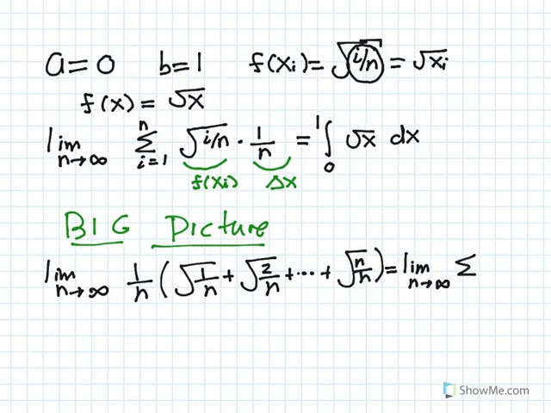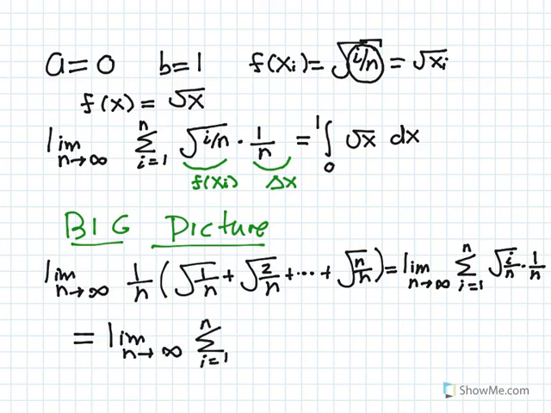That's summation i goes from 1 to n root i over n times delta x of 1 over n. That's equal to limit n goes to infinity summation i goes from 1 to n root xi times delta x. And we turn that into a definite integral. That's from 0 to 1 root x dx.